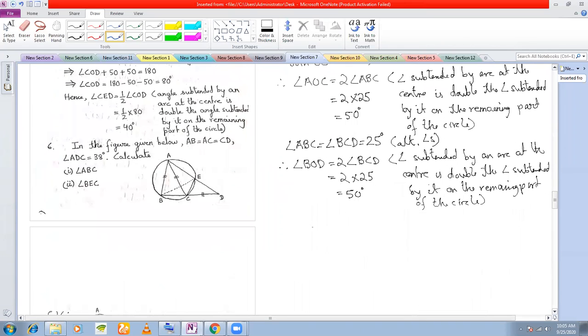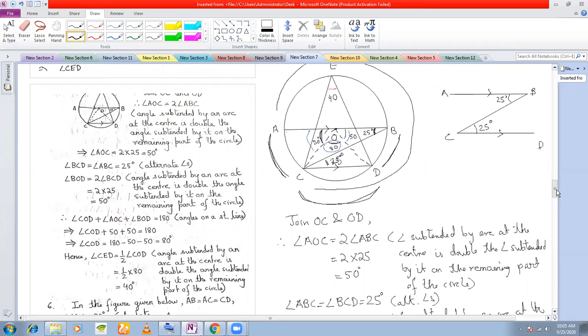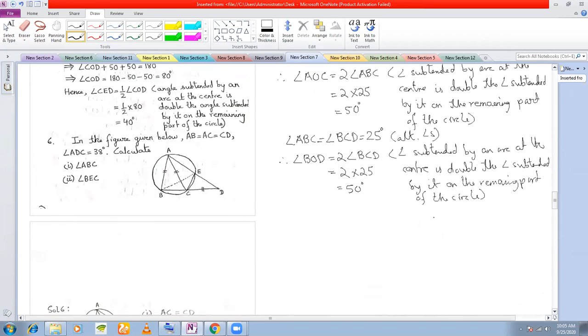So therefore, what is this angle? This angle, the 80 degree angle that I have marked in the diagram, that is angle COD.